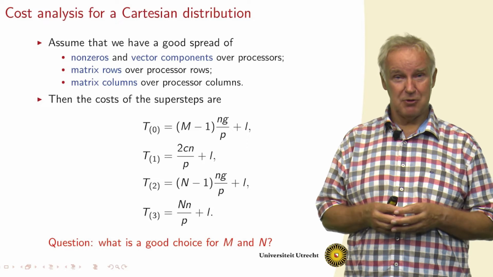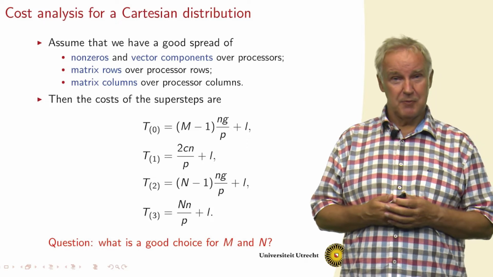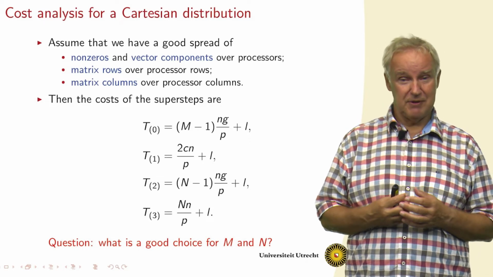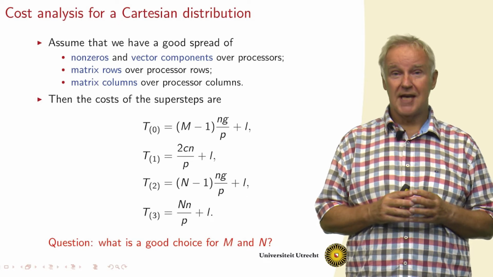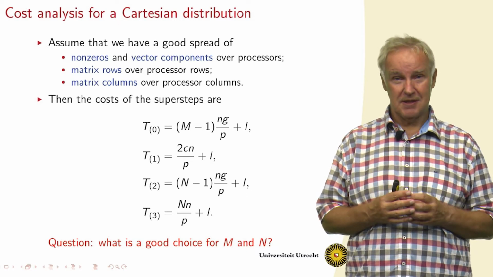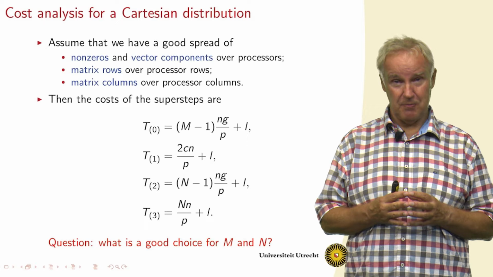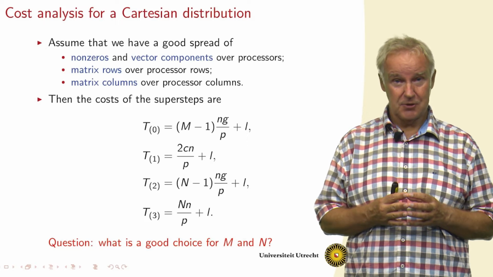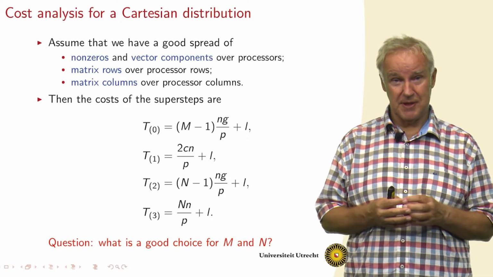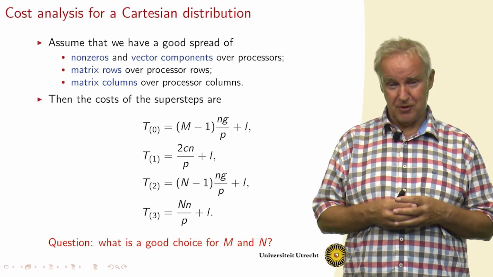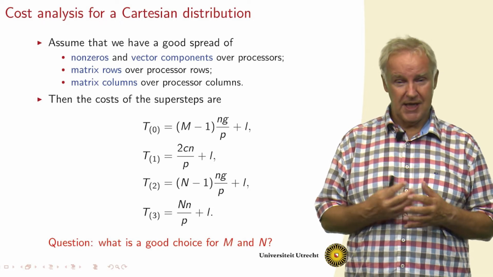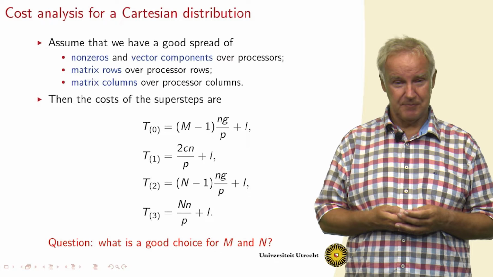And then, for example, looking at superstep 0, we see that we have n over p vector components, and they will be sent to at most m minus 1 other processors. So that's a lot less than p minus 1. And we can do a similar thing for superstep 2, and the others don't change that much.